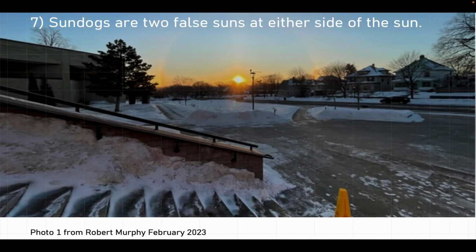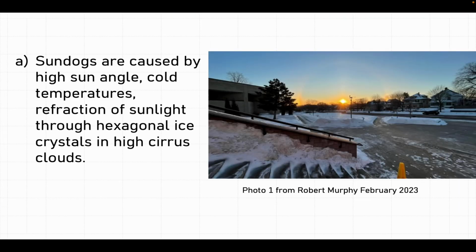Now what happens when it's cold out and we have precipitation or crystals in the air? This is a picture taken outside of my high school in February of 2023, and you can see the sun in the middle, and then what looks to be two suns on either side. These are called sundogs, and they're false suns. They're obviously not a real sun. So what causes sundogs?